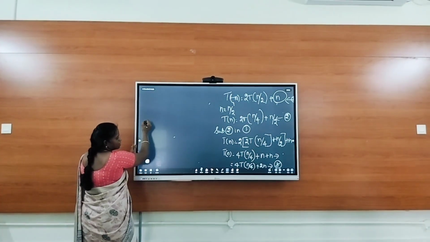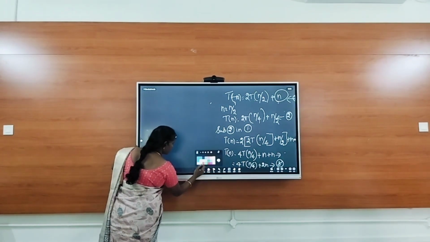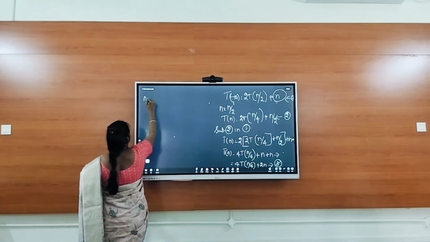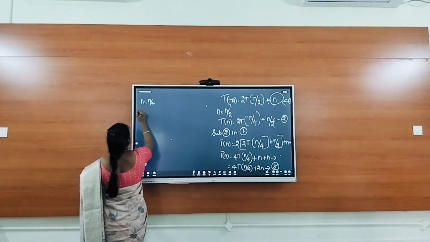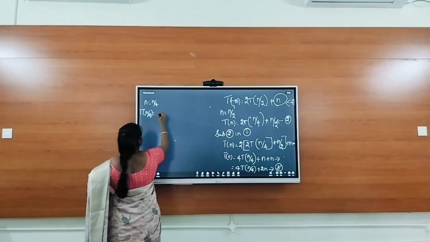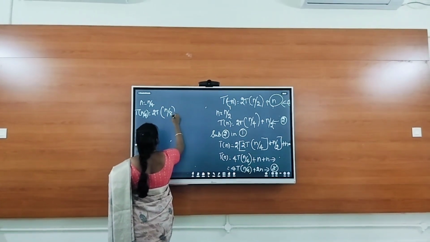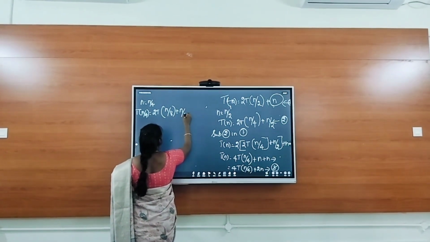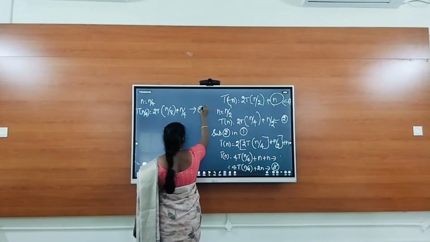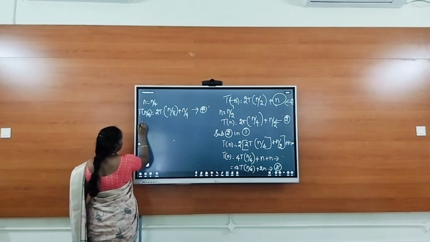Now n is equal to n by 4. So T of n by 4 is equal to 2T of n by 8 plus n by 4. This is equation number 4. Now we substitute 4 in 3.